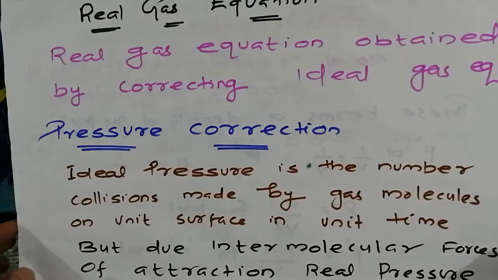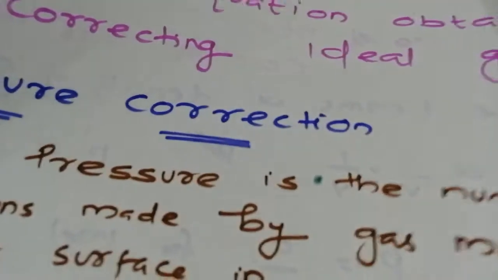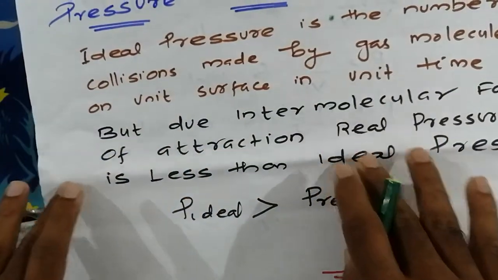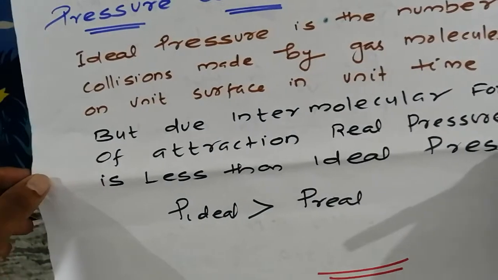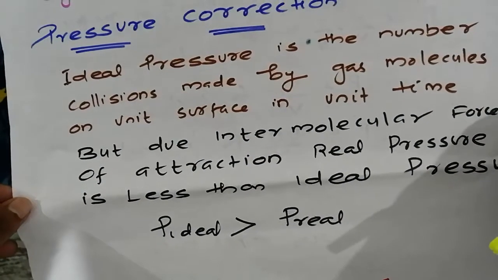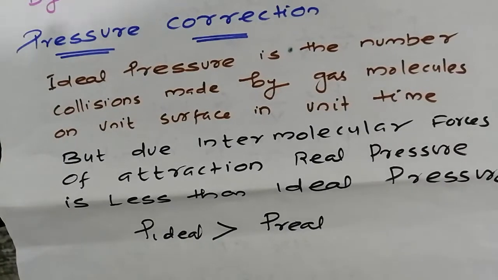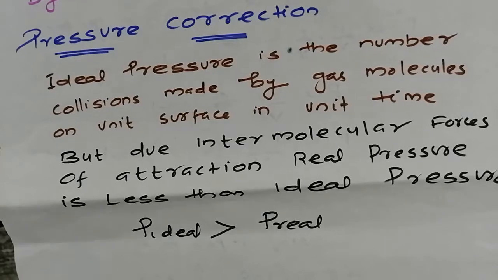In an ideal gas, we imagine that there is no force of attraction between the gas molecules. But in real gases, there is an intermolecular force of attraction. Due to these intermolecular forces of attraction, real pressure is less than ideal pressure.